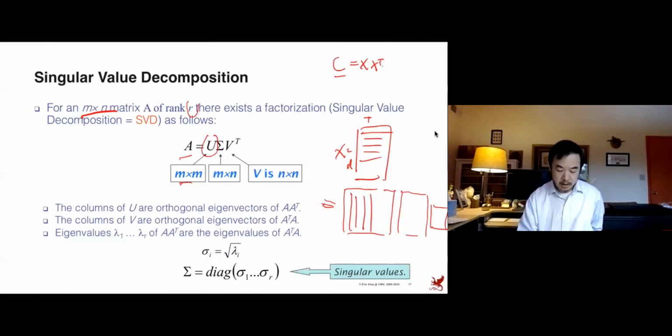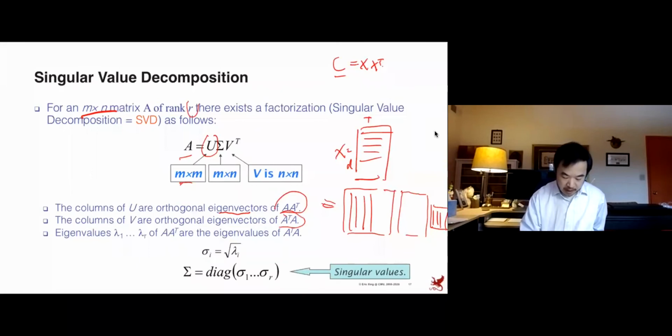It turns out that the columns in this matrix correspond to the orthogonal eigenvectors of the matrix A times A transpose. And the columns in the other matrix correspond to the eigenvectors of this covariance matrix, A transpose times A rather than A times A transpose, which is an n by n matrix.